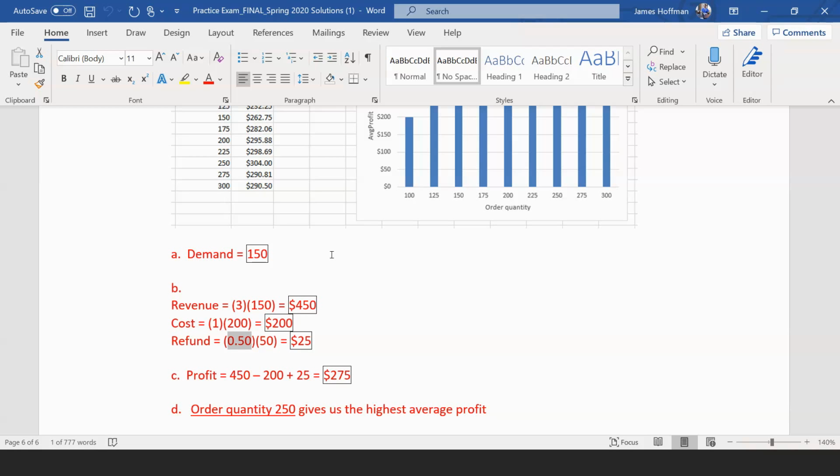So 50 cents times 50 is $25. Notice how I have the other example where we didn't get a refund, and this one where we did, because we ordered 50 extra calendars, and we can't sell them to the customers because it wasn't high enough demand, but we can get some refund back from the wholesaler at 50 cents per calendar.